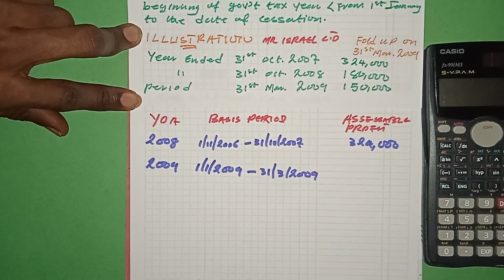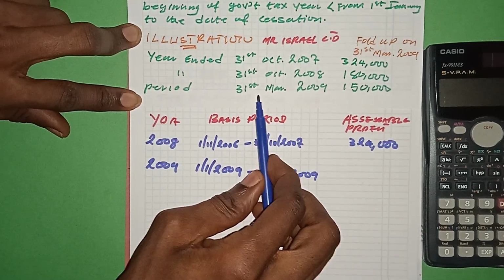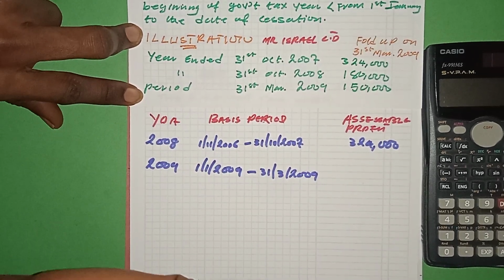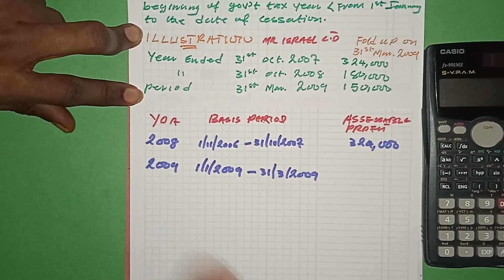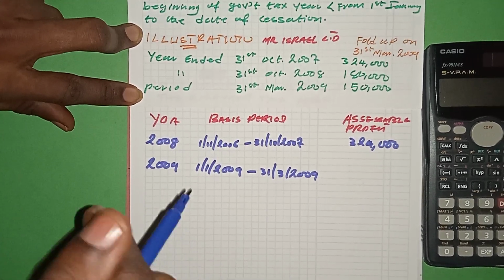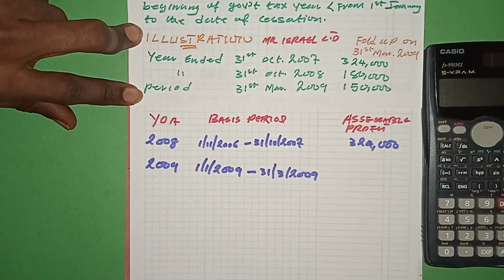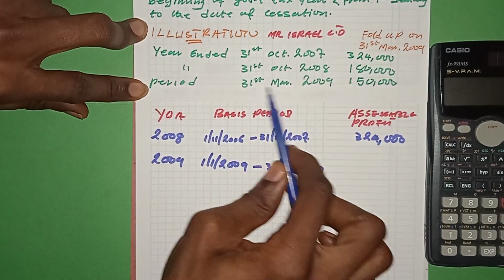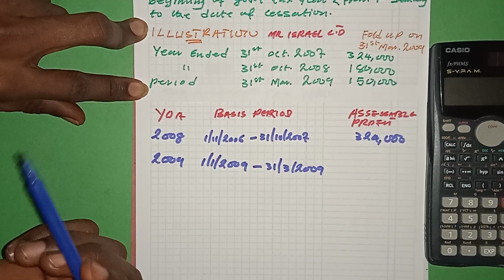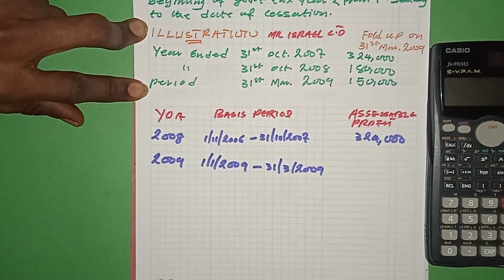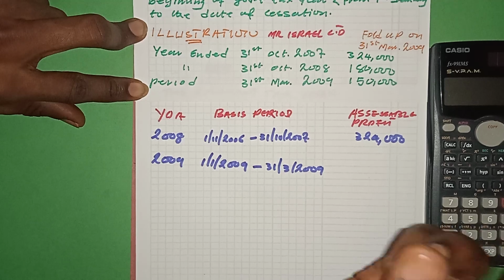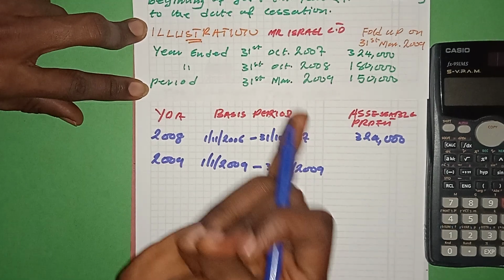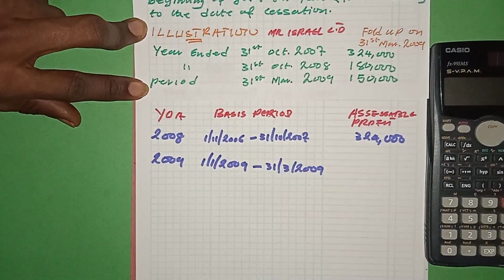Now, if you check 31st March 2009, you see a period. It shows that the period is either more than 12 months or less than 12 months. Whenever you see a period, check inside that period whether it is more than 12 months or less than 12 months. Now, from October, you have November, December, January, February, March, to the end of the cessation, where they end their business.